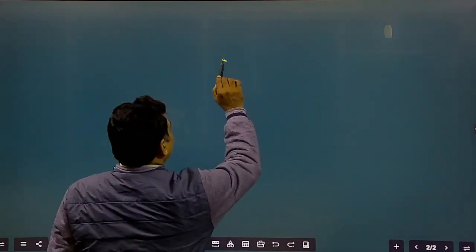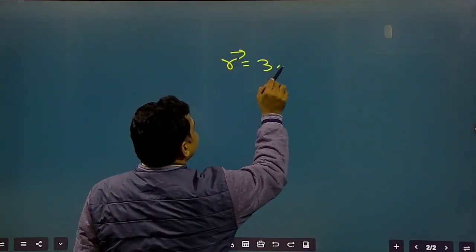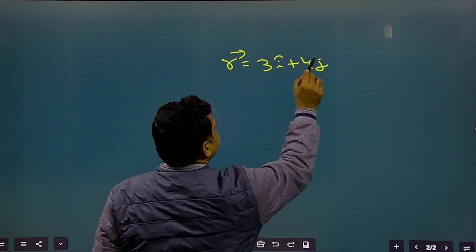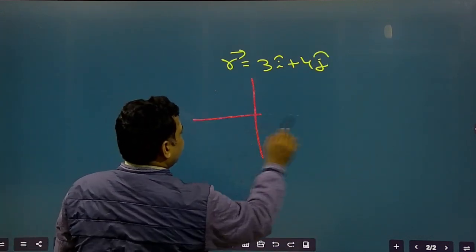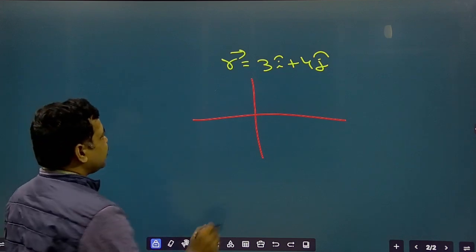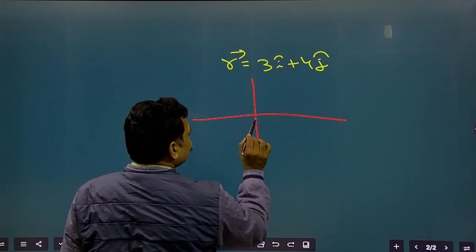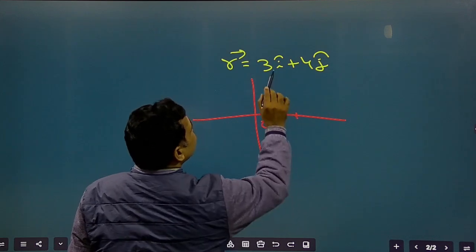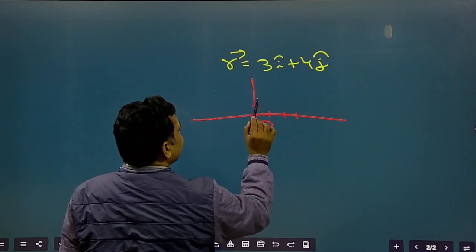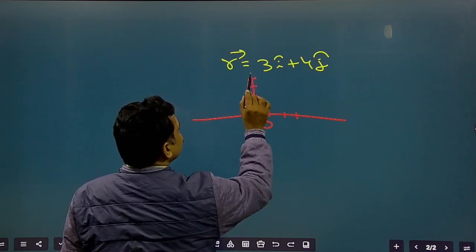I will take another example. Suppose one vector is given as 3 i cap plus 4 j cap. So how to represent it? We have to draw a coordinate system. Here 3 i cap means from the origin we have 3 units, and 4 j cap means along the y-axis this will be 4.